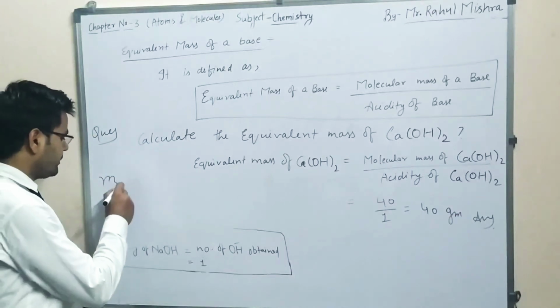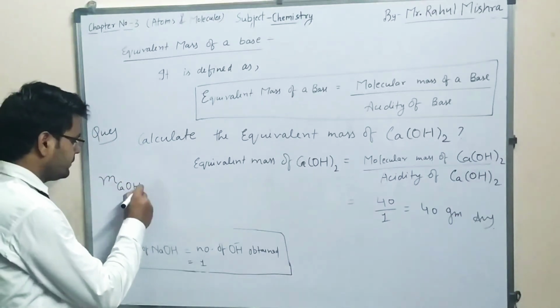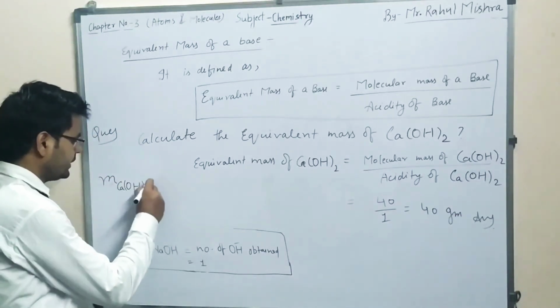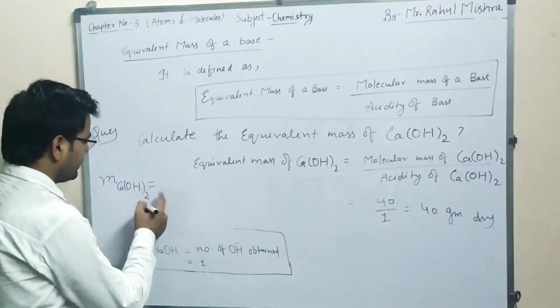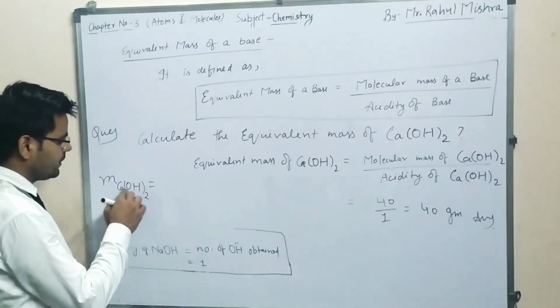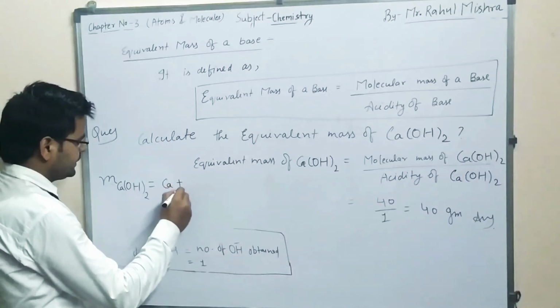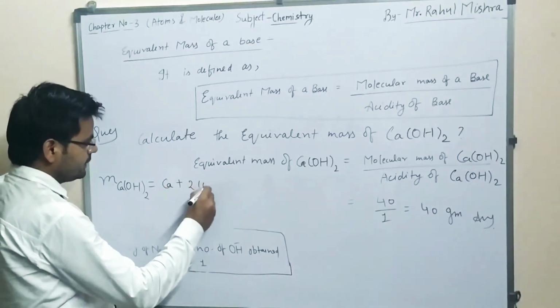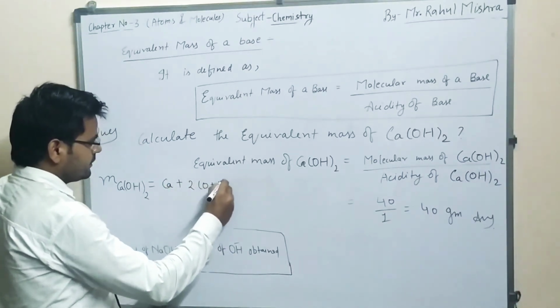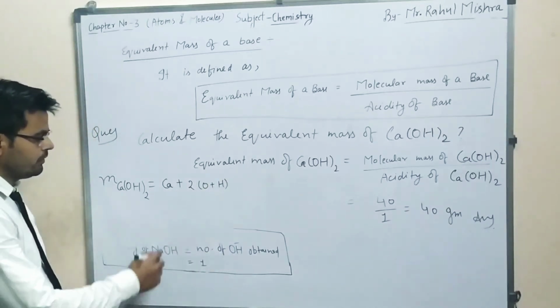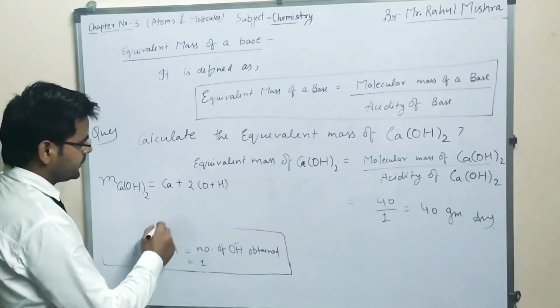So what is the molecular mass of Ca(OH)2? It is equal to the sum of atomic masses of all the elements present in the Ca(OH)2 molecule.